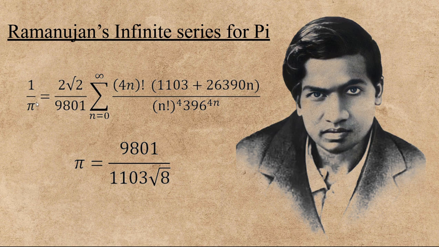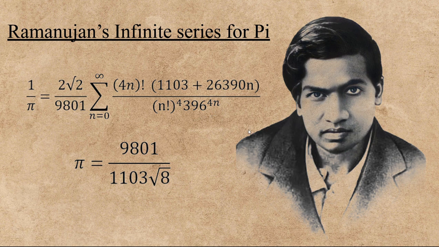We have the reciprocal of pi is equal to 2 root 2 by 9801, into the infinite summation, because it starts from 0 and goes to infinity, of (4n)! into (1103 + 26390n) divided by (n!)^4 into 396^(4n).